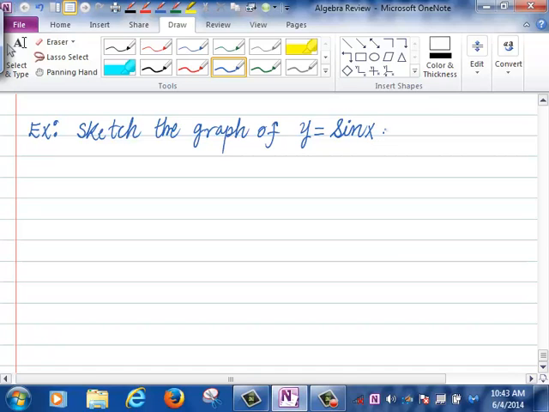Now, the sine function is periodic with period 2 pi. Because recall the following: sine of theta plus 2 pi or minus 2 pi is the same as sine theta. So this is why we say the sine is periodic with period 2 pi.